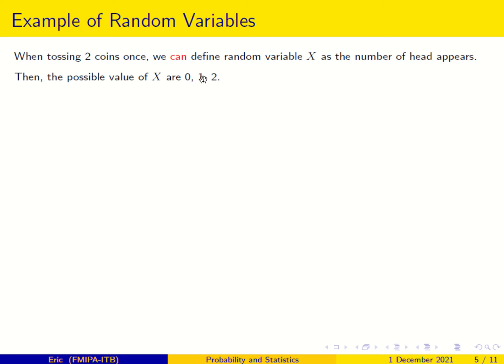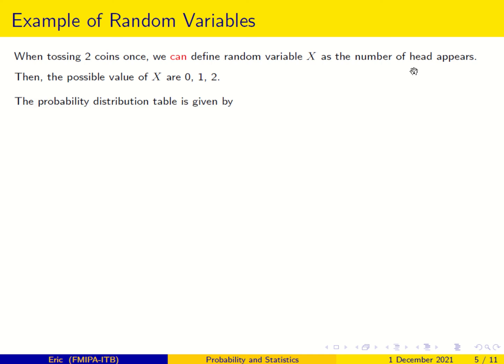What about 1? When tossing two coins once, the number of heads is just 1, so it means the event tail, head or head, tail. What about 2? It means we have two heads.